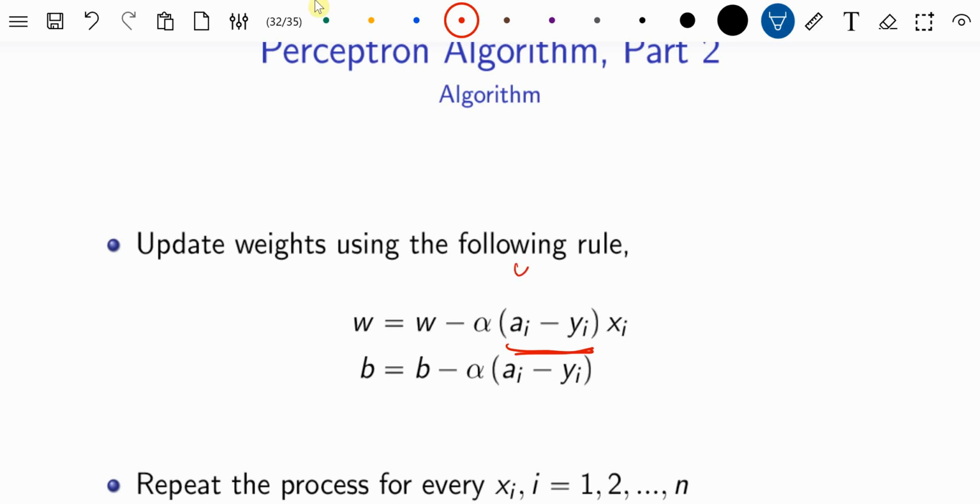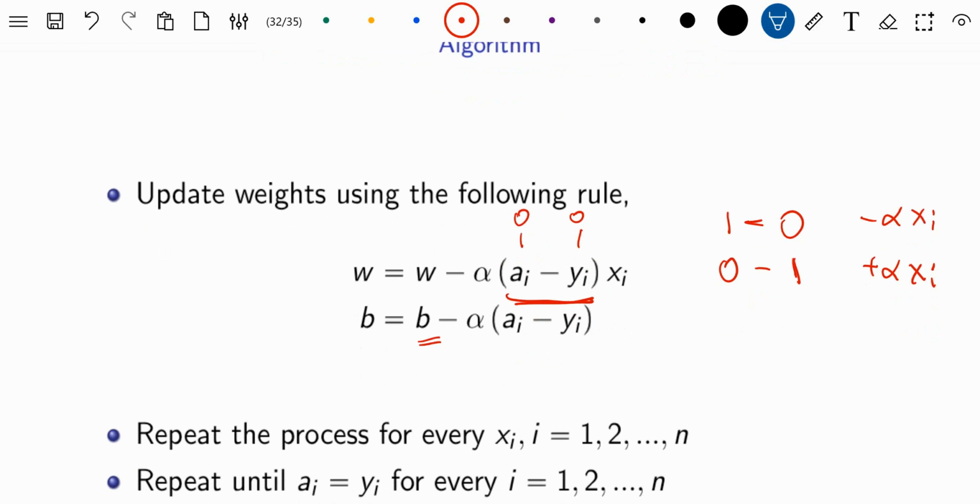If it's correct, it means it's either both 0 or both 1. So this whole thing will be 0, so nothing gets updated. If it's incorrect, then either it's 1 minus 0, which is 1, then it means it's minus alpha xi, or if it's 0 minus 1, then this is negative, multiplied by this negative sign will be plus alpha xi.